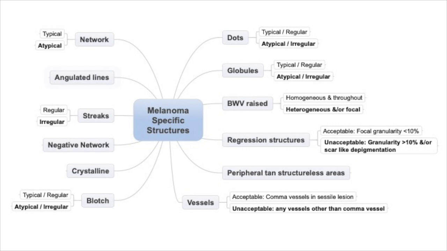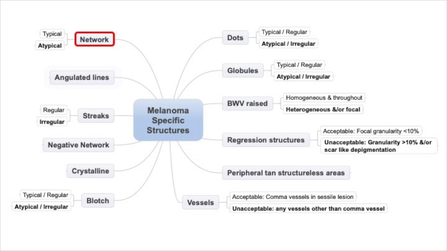Because there is no way to distinguish between benign and malignant angulated lines or shiny white lines, crystalline structures. You can't use them to distinguish between. So if they're present, you're basically committed to biopsy. Whereas for the others, there are qualitative differences that can still be used to differentiate benign from malignant. And obviously, we're talking about nevus from melanoma.